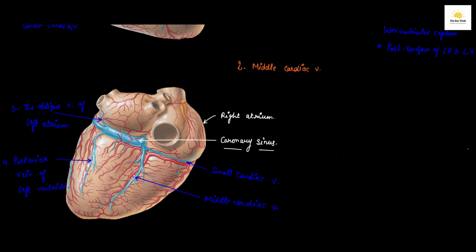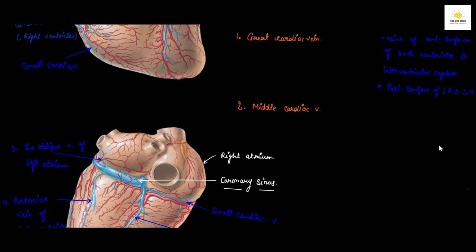It receives blood from the parts of the heart adjoining the posterior interventricular sulcus. So you can say the left ventricle and right ventricle, or some part of the interventricular septum also. So this is the middle cardiac vein.